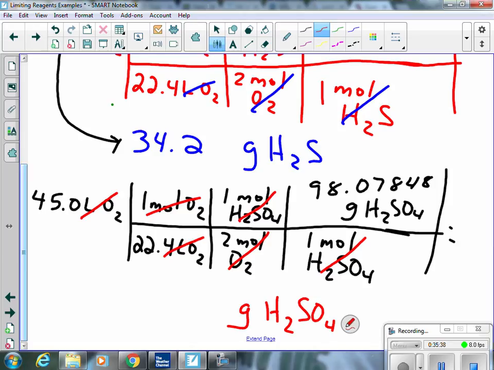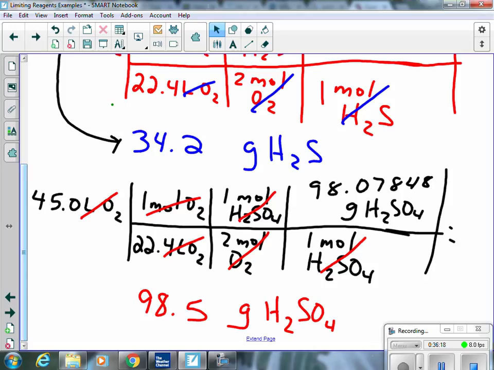Acid. 45. Three significant figures. .5 grams of sulfuric acid would be produced in this specific equation.